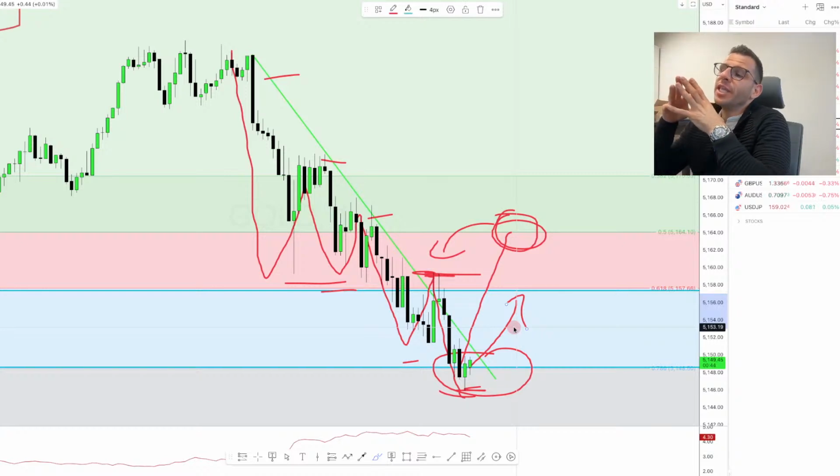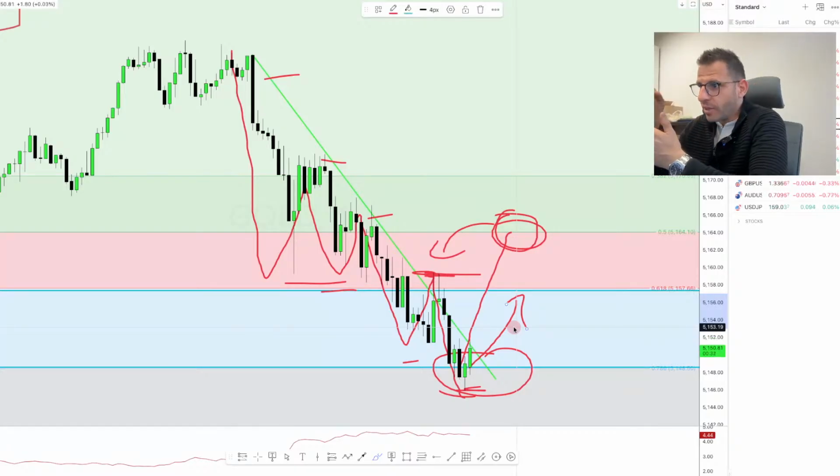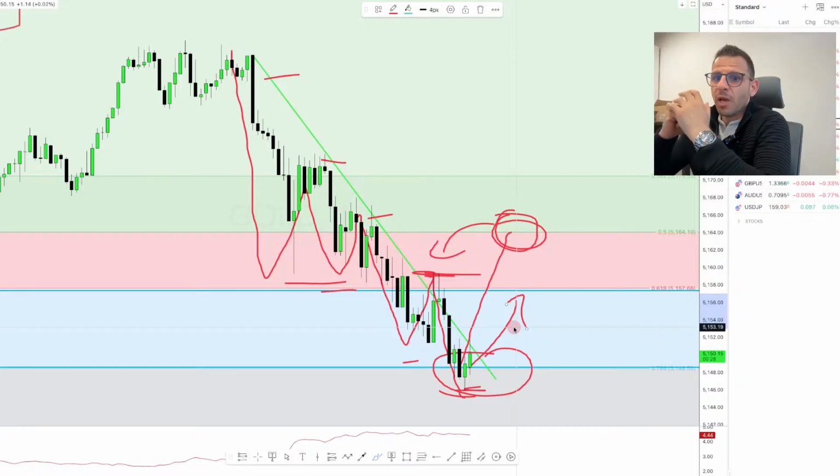Maybe this is the last point where sellers were able to push the price to these levels, and the reversal will start right here where we are now. But this is maybe. We don't have conviction that buyers will start a new trend.